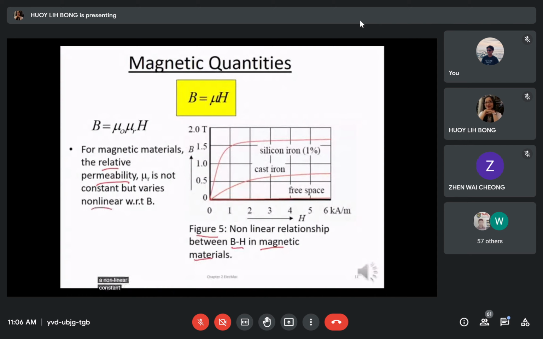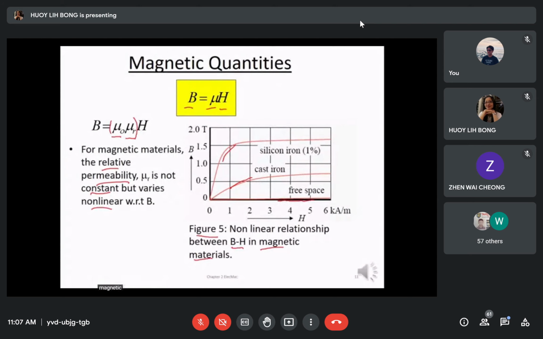Hence, we can write the magnetic field density equals mu H, in which the actual permeability can also be found by multiplying the permeability of free space with the relative permeability mu R. In figure 5, we can see silicon iron has a higher density compared to cast iron, and free space has a very low magnetic field density.